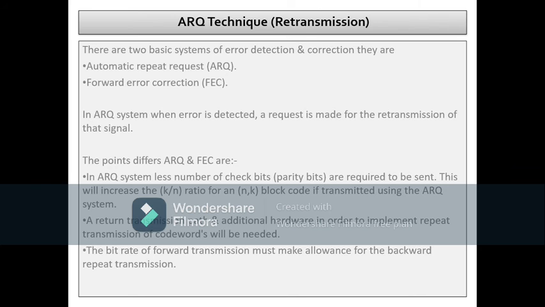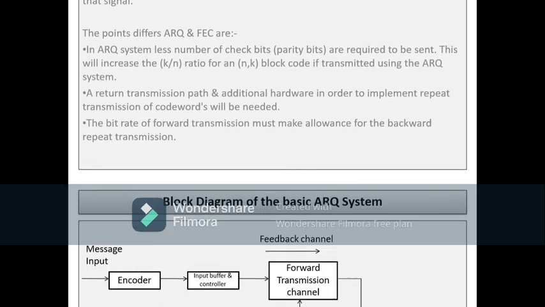The points of difference between ARQ and FEC: in an ARQ system, a smaller number of check bits are required to be sent. This will increase the k/n ratio for a block code if transmitted using the ARQ system. A return transmission path and additional hardware to implement repeat transmission of code words will be needed.